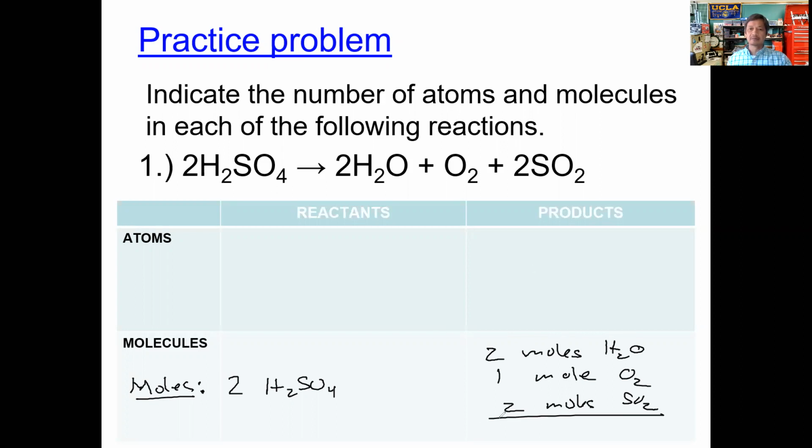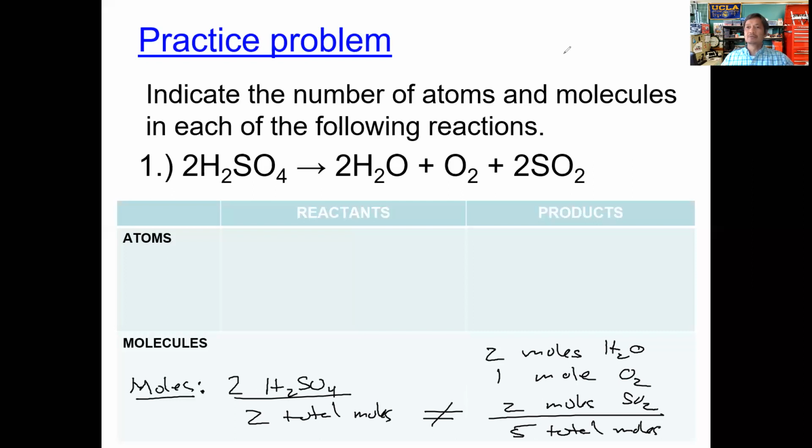I'm sorry, I miscounted the last one. So 5 total moles. And here we have only 2 total moles. If you notice, they're not equal either. Make sure you keep that in mind.